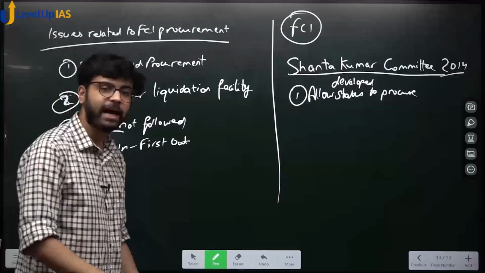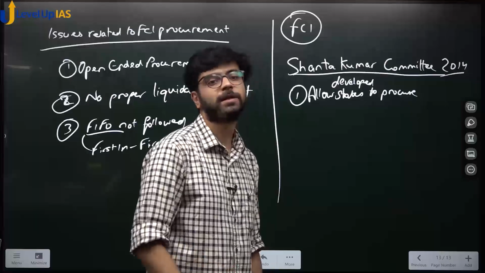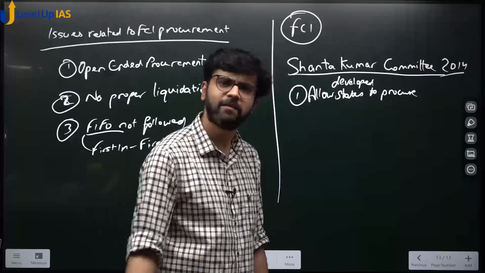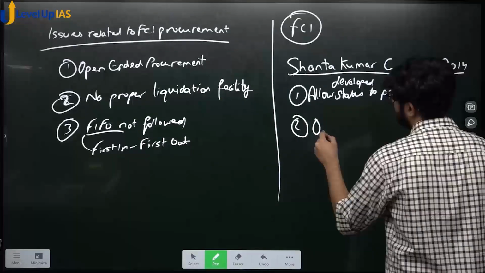Second, FCI should outsource its procurement activities so that it doesn't incur much cost. Give it to private players, they will do it, you pay them money. Outsource procurement.